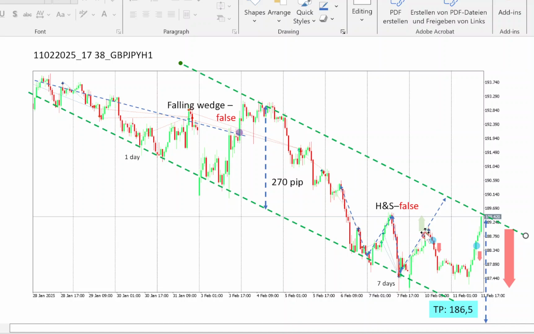Time is extremely important. You have to let patterns play out. It seldom happens that they develop immediately. So I saw here the head and shoulders didn't develop, but the price went down again.